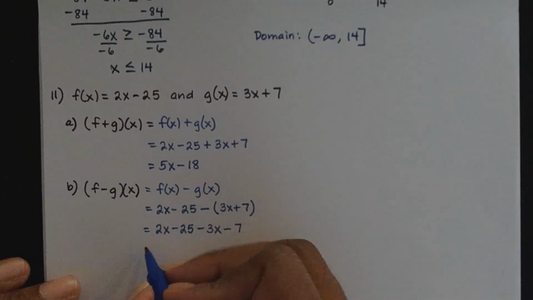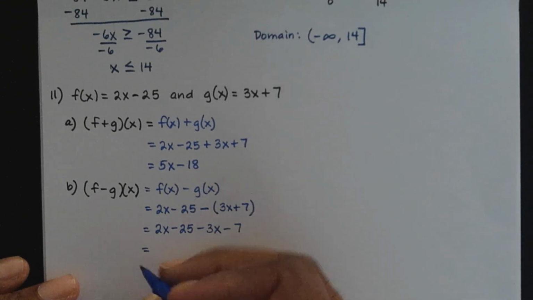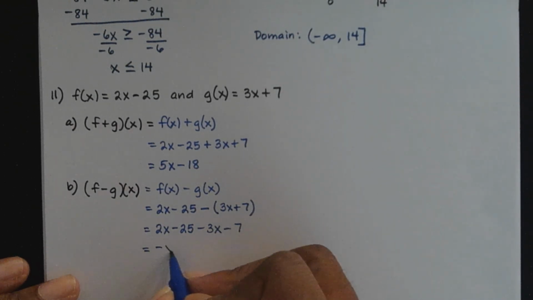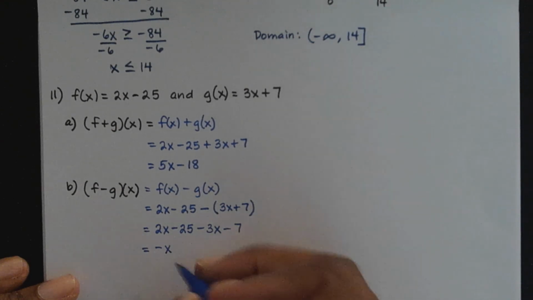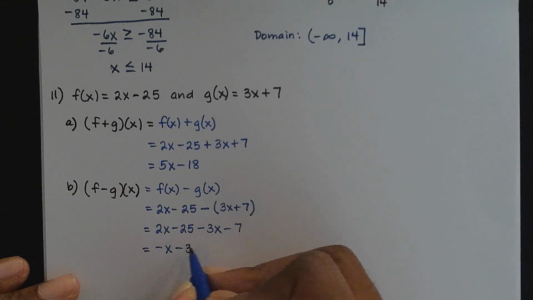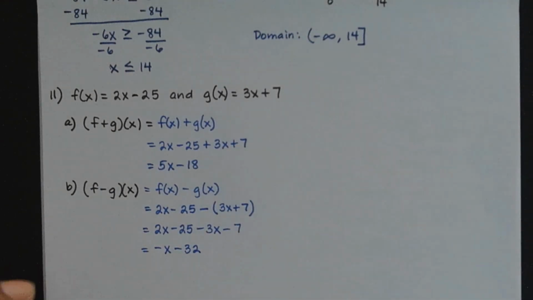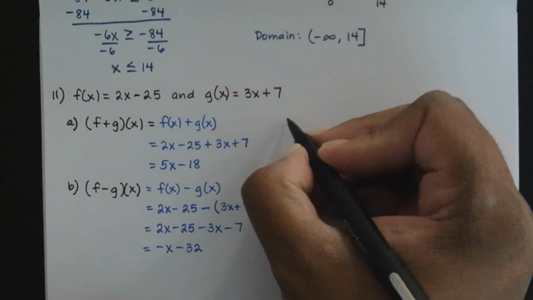And then we combine like terms here. 2x minus 3x is negative x, and then minus 25 minus 7 would be a minus 32. So here, negative x minus 32 represents the difference of the two functions f and g. Are there any questions about part B?